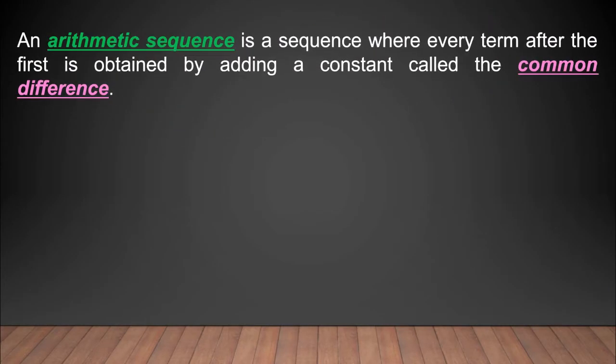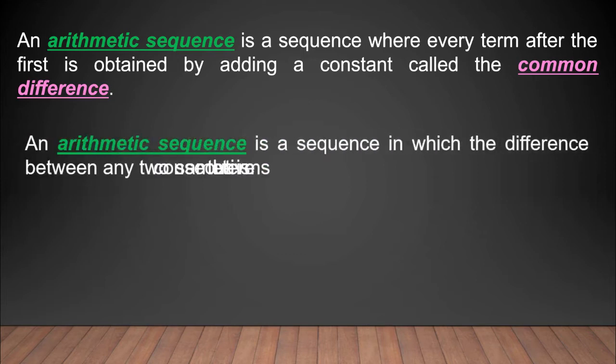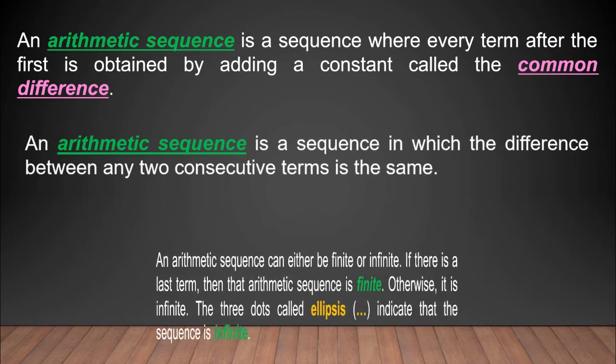An arithmetic sequence is a sequence where every term after the first is obtained by adding a constant called the common difference. An arithmetic sequence is a sequence in which the difference between any two consecutive terms is the same.